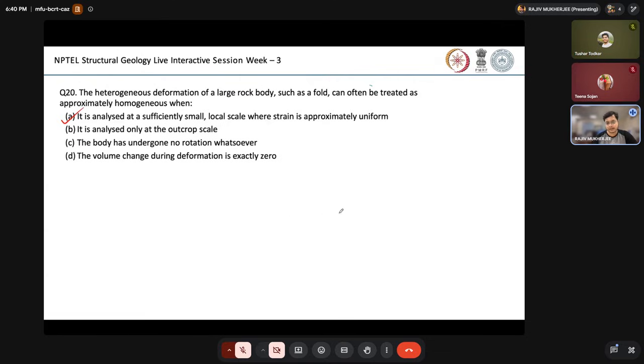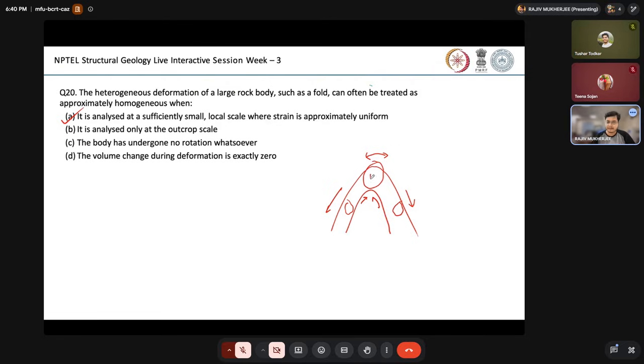Why? Because if you just look into a fold, in an outcrop scale, you will see that the deformation at the hinge and the limb are different. There is a stretching outwards, compression inwards, there is a tension in this direction. Deformation is more or less heterogeneous for a fold.